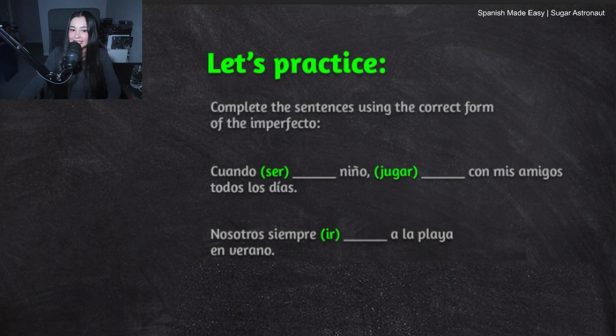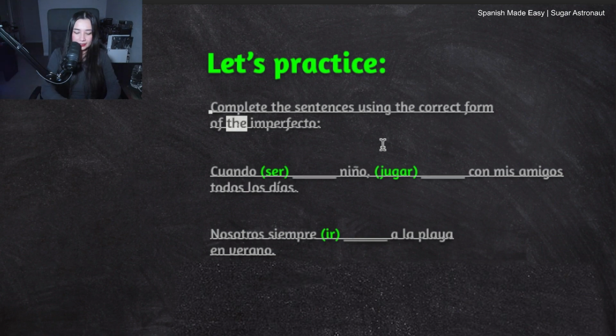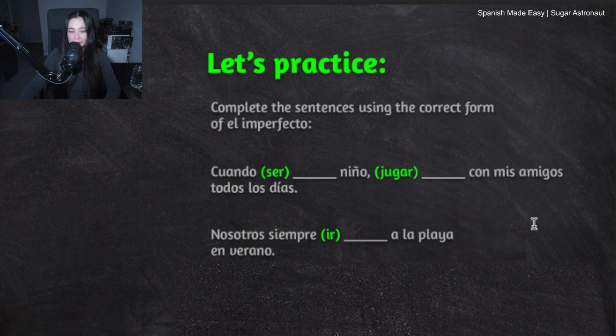Let's complete the sentences using the correct form of the imperfecto, el imperfecto, or the imperfect tense. Cuando means when, and we have ser. Cuando, ser, niño. So when I was a child, do you remember?